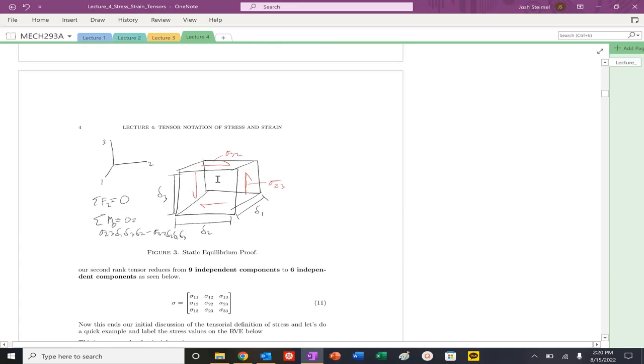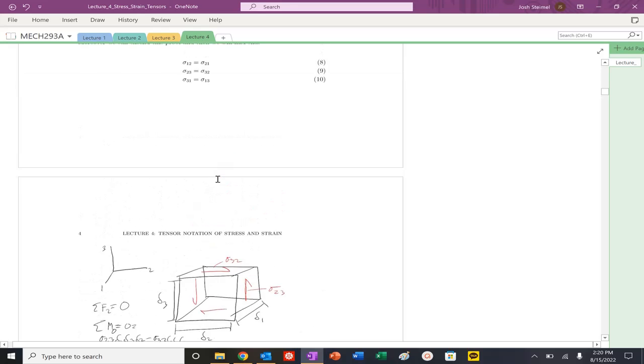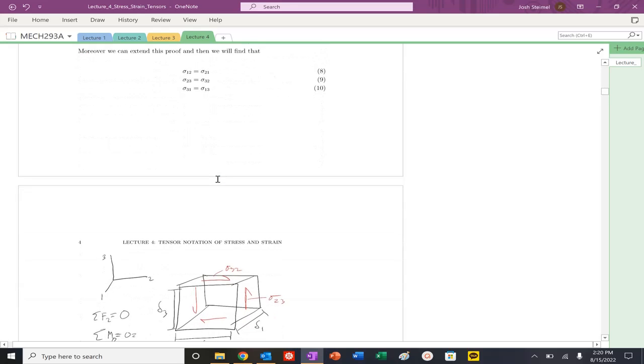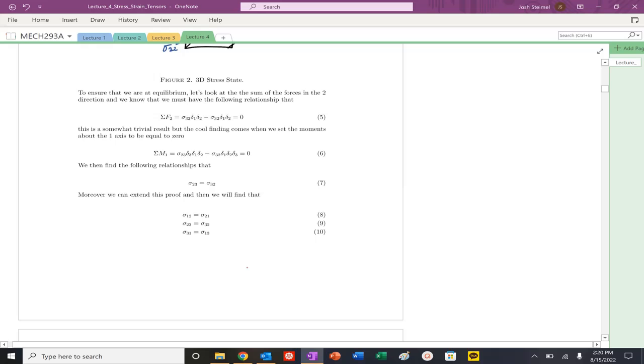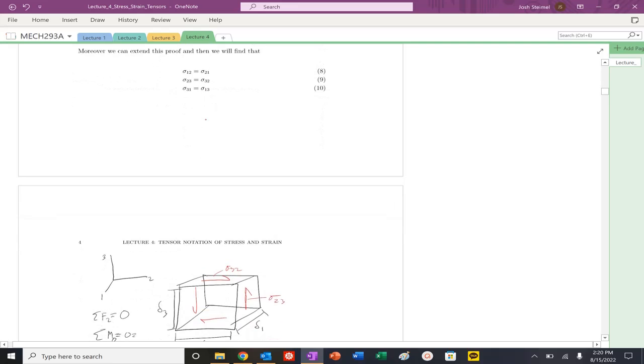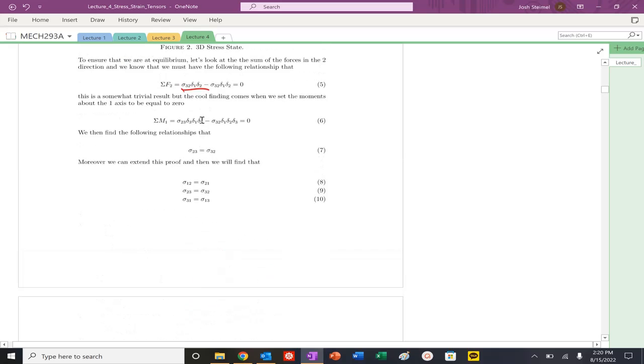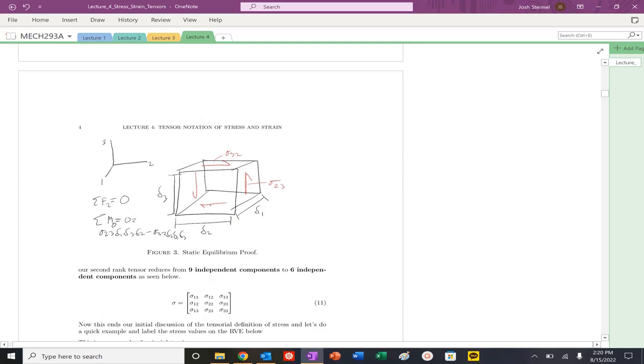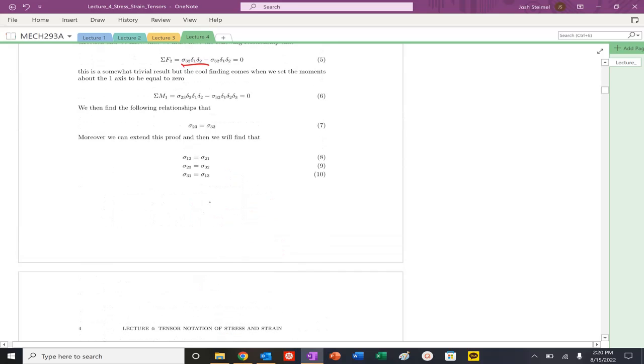So the sum of the forces in my 2 direction must be equal to 0. Looking at the 2 direction here, I'm going to have a force, which is going to be sigma 3,2 right here, positive, times the area, which is going to be delta 1 times delta 2, minus the sigma 2,3 that's pointing in this direction, for example, times the area.